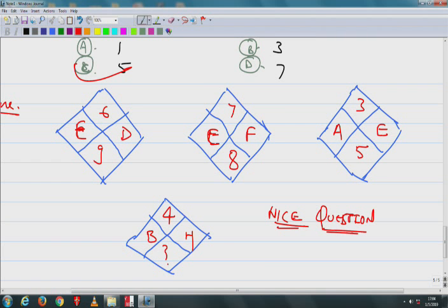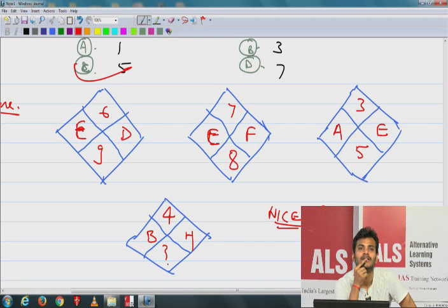Anyone? Any answer? First bench. Guy in the first bench.